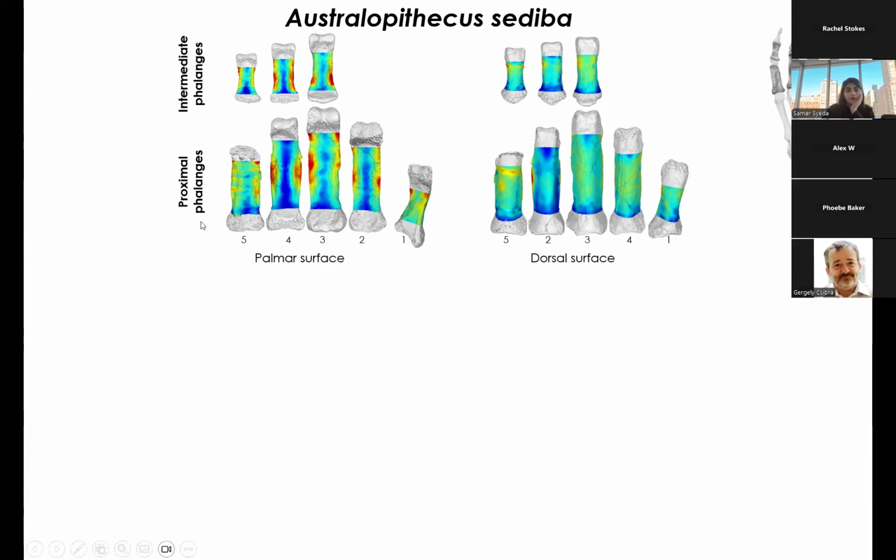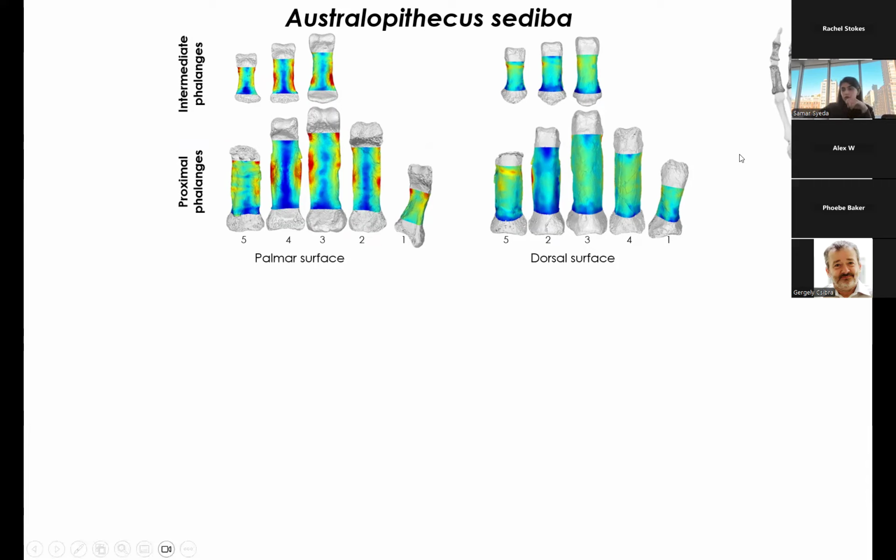And here you do see how the mix of more ape-like and human-like morphology shows up, because across the phalanges you do see this palmar pattern of cortical thickness. However, when you look at the dorsal side on the fifth digit, you do end up seeing a little bit of dorsal thickness.